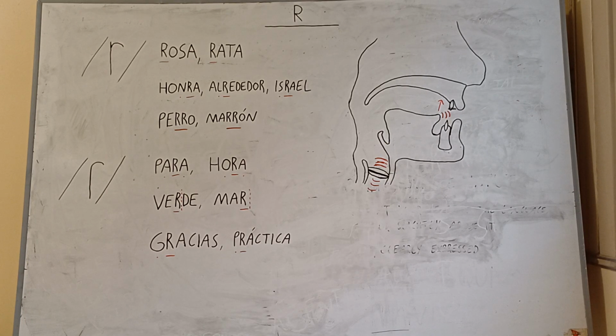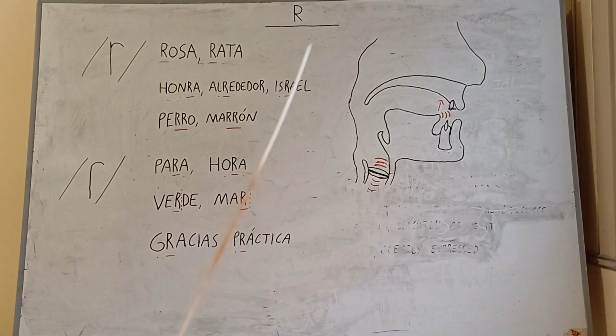We will start with the trilled R sound. And of course, we will first see how to produce this sound if you are unable to produce it because it doesn't exist in your native language. And for this, I am going to use this very low quality pointer to point at this figure.